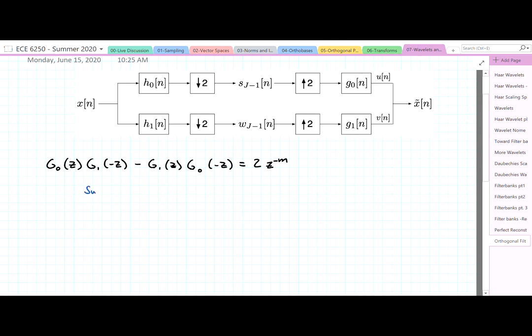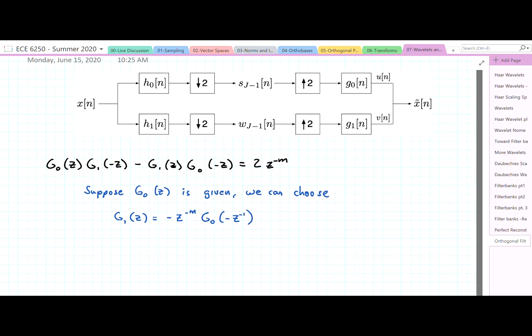So, let's suppose that G naught is given. Then we can choose G1 of Z to be equal to negative Z to the minus M, G naught of negative Z inverse.